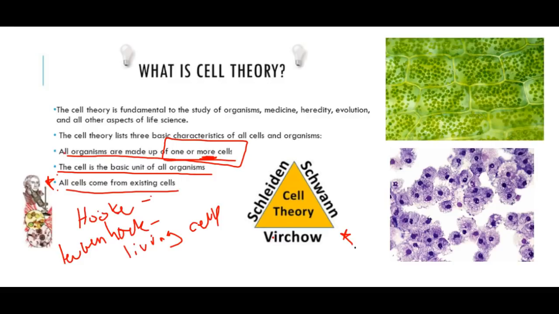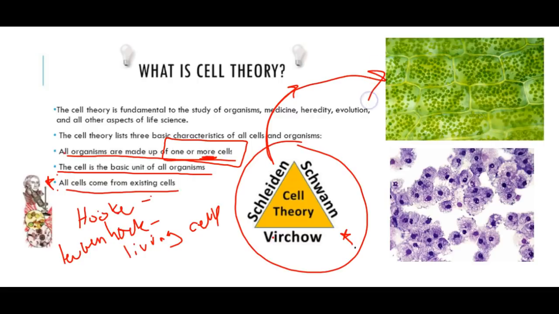But the three most important contributors to the cell theory, which is why they're in this pyramid to begin with: Schleiden is the one that said all plants are made of cells. If I extend that arrow over here, he's the one that looked at cells within plant tissue and was able to establish that section of the cell theory.